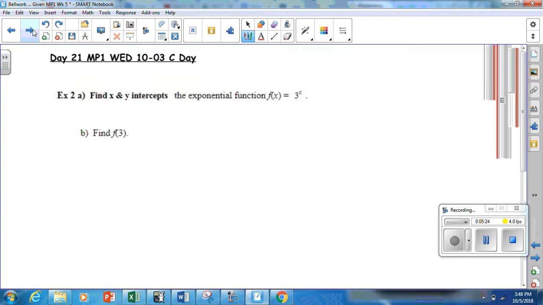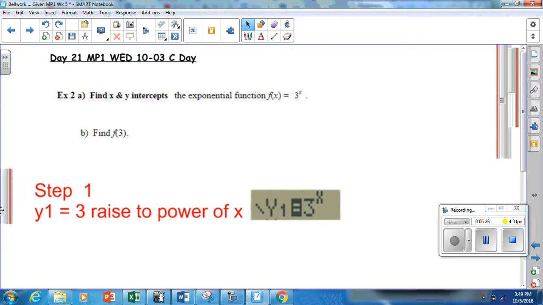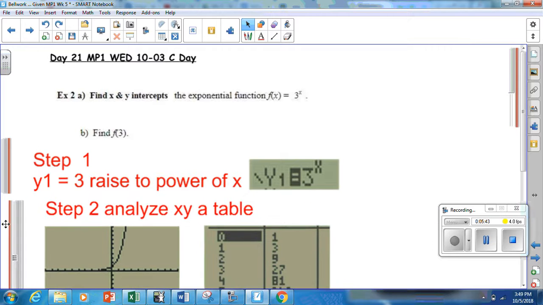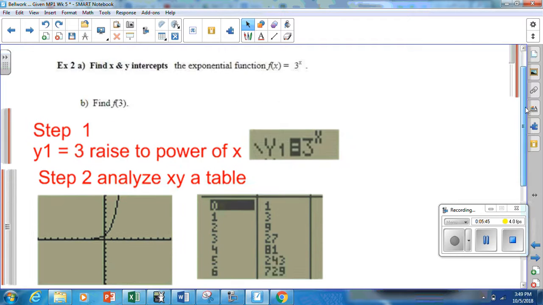All right, and our final question. 3 raised to the x power. Find the value of y when x is 3. Okay? I know. I kind of keep it basic. I want you guys to understand the steps behind this.